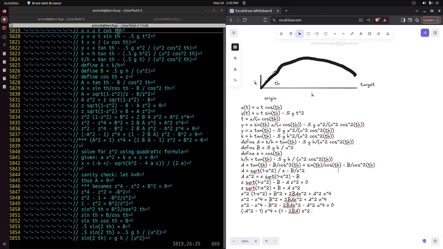And then we have the constant term, which is minus b squared, all equal to 0. So now we have a quadratic equation. And basically, this is a quadratic equation in z squared.